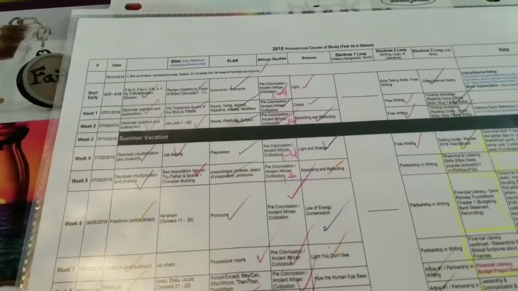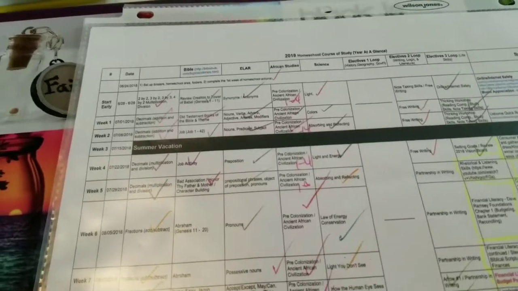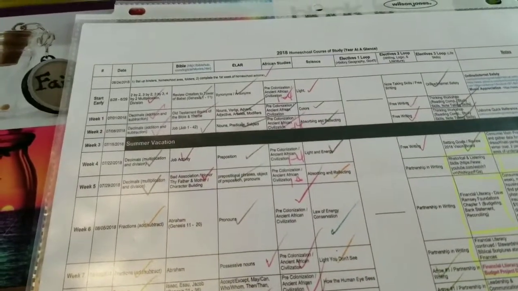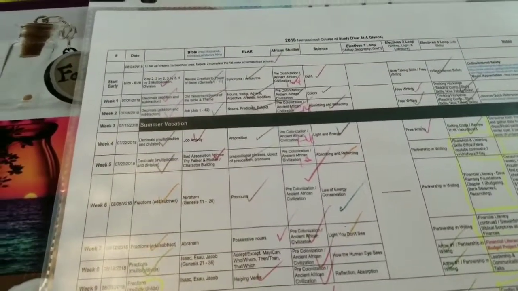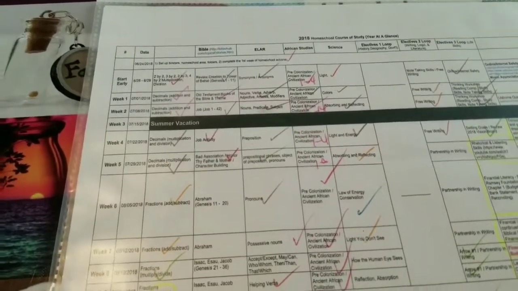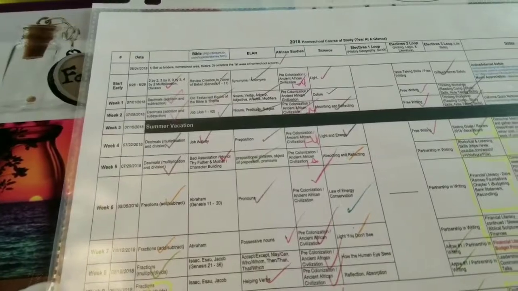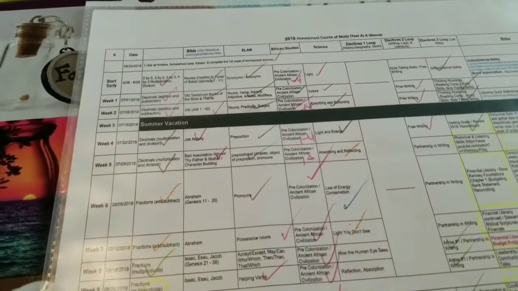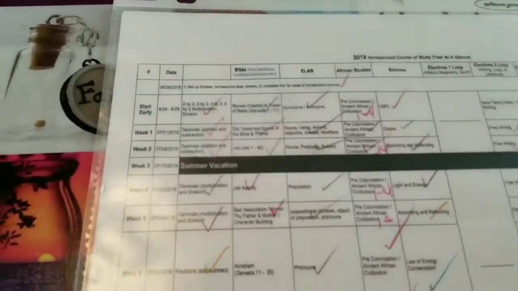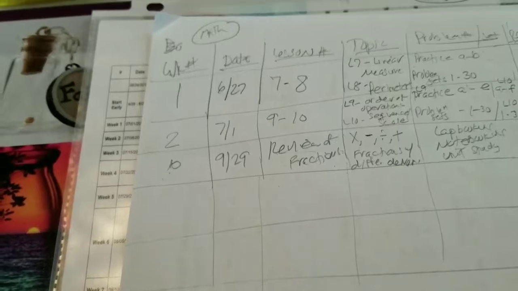Hence the words year at a glance. I want to see everything I'm doing on one document so that I can take a look at what our month or our semester or quarter or year looks like. And if I want specific details on any one of those things, I would go back to my Excel sheet that I created for every single subject.